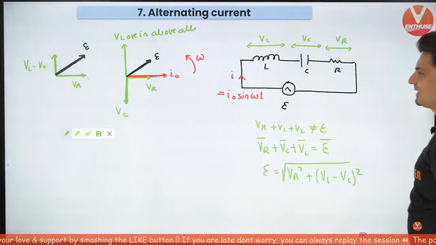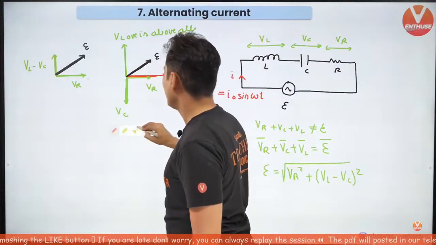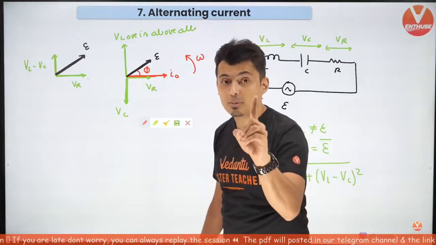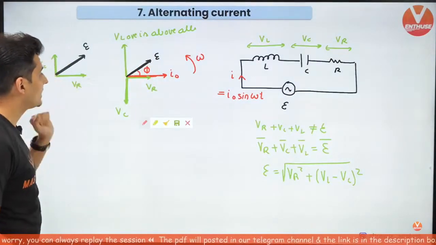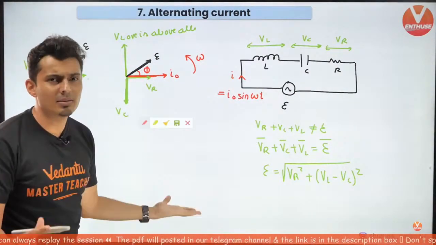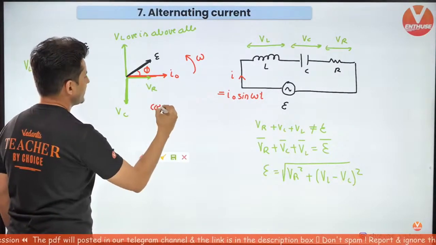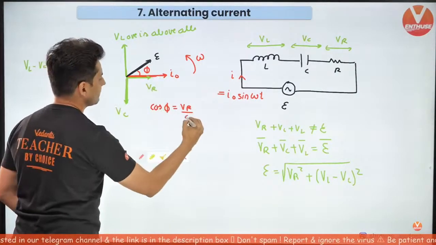It's so easy to remember. Now, once you're done with this, remember there is also some angle between them, that is the phase difference. The angle between the current and the voltage is called the phase difference between the total voltage and current. There are different ways in which you can write it. For example, you can say cos phi is VR by E.